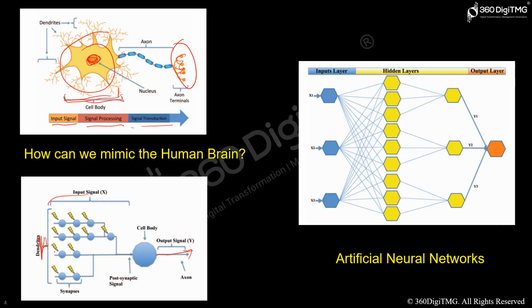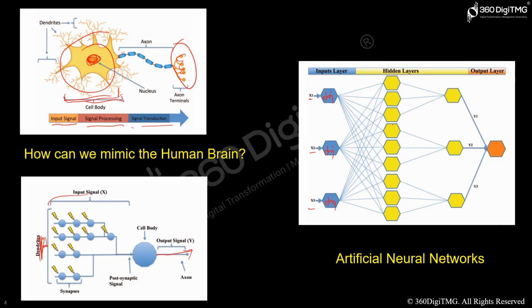So this is how our brain learns, identifies, and remembers the signals. Here in the input layer, if we give x1, x2, and x3 objects, then it goes into the hidden layers, it reads, it identifies.